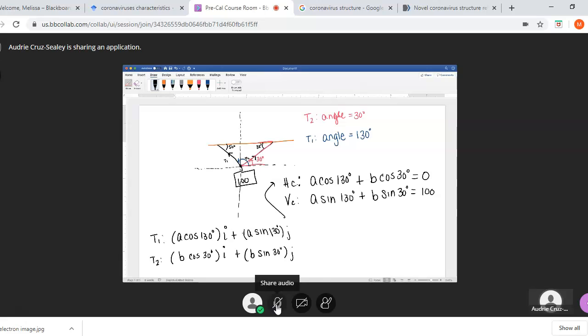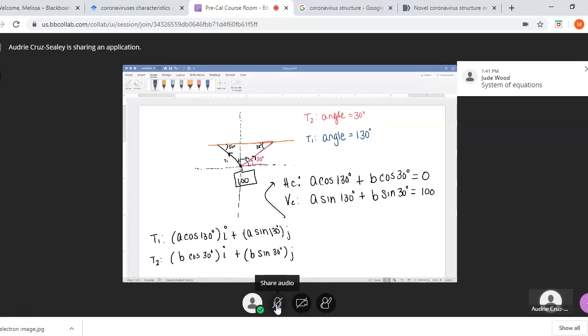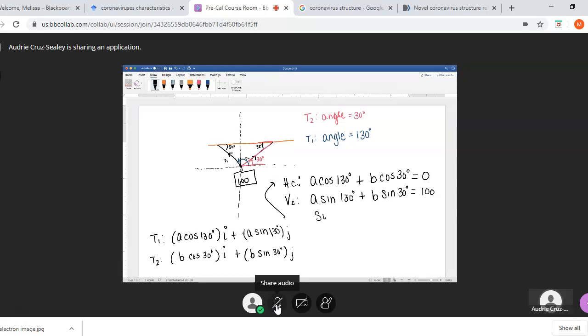Yes, this is a system of equations. This is a system. And from college algebra, how did you solve systems?